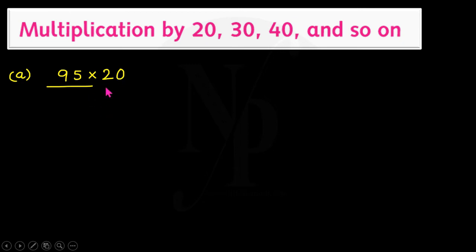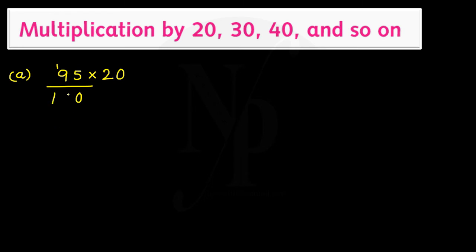I will show it now. First let us multiply 95 by 2. So 2 5s are 10. So I write 0 here. 1 is carried forward. And when we multiply 9 by 2, 2 9s are 18. 18 plus 1, 19.